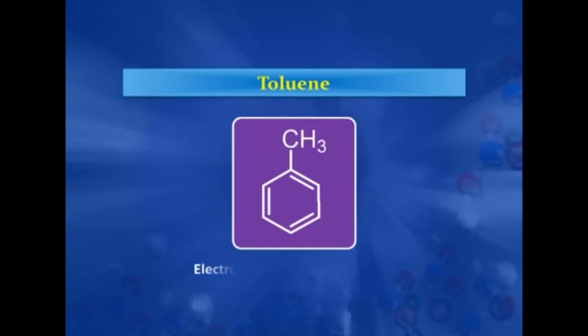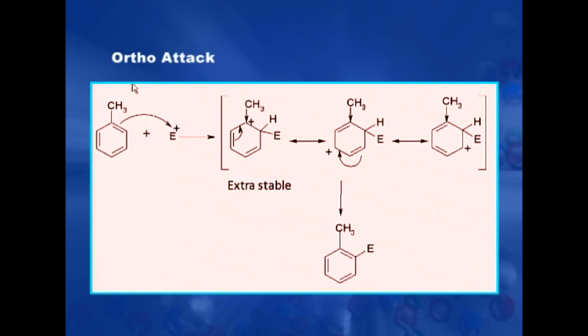First case we discuss is toluene. This is the methyl substituent present on the benzene ring, and CH3 has an electron donating inductive effect. So, if we see the ortho attack of an electrophile on toluene, this intermediate will get formed.